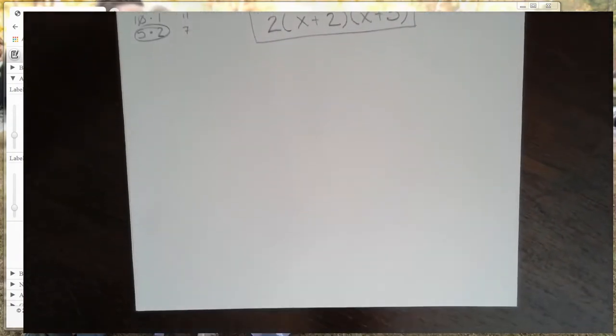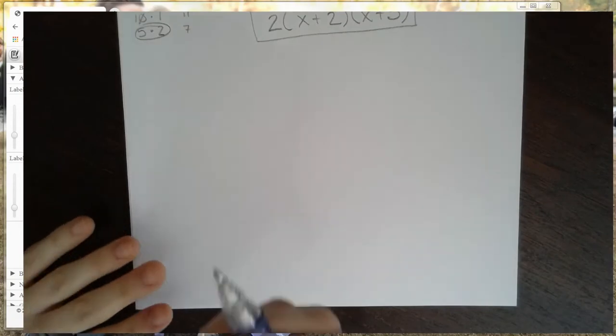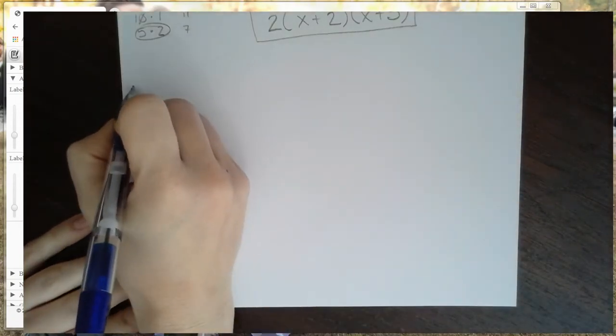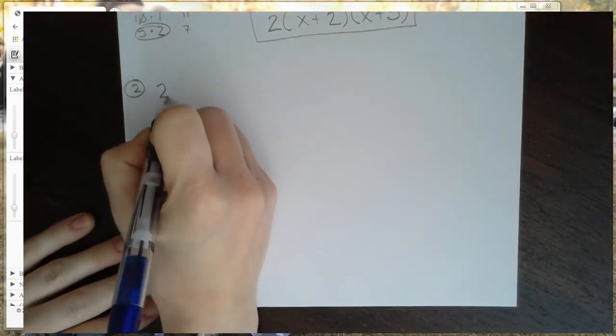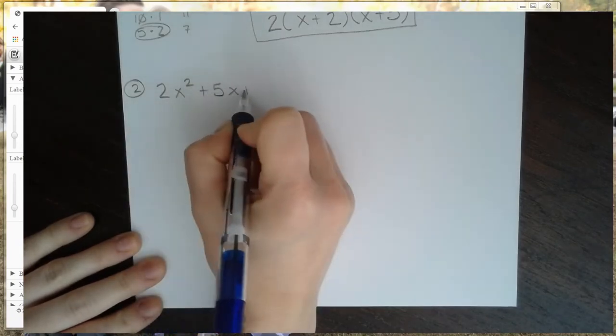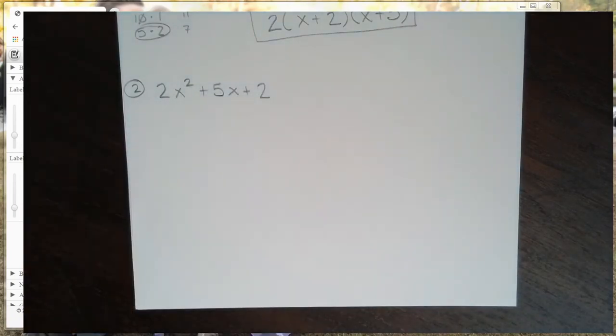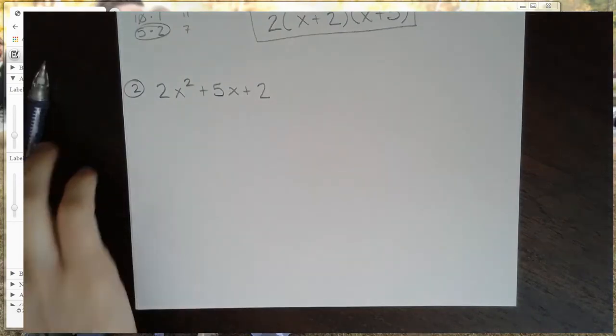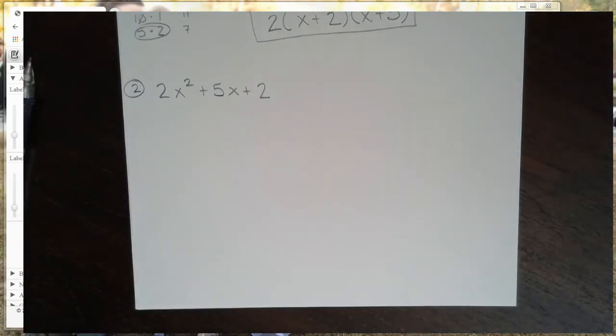I'm going to move this down a little bit. The next one we're going to look at is 2x squared plus 5x plus 2. And I'm going to switch back over to the algebra tiles I used in the last video so that we can see what's happening.